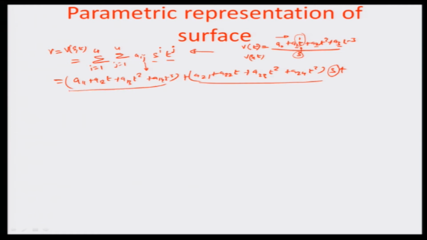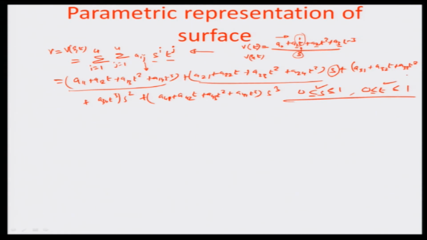Similarly, s to the power of 0 I put here, and similarly I do for s to the power 2 and 3. So I have a31 plus a32 t plus a33 t square plus a34 t cube times s square, plus a41 plus a42 t plus a43 t square plus a44 t cube times s cube, where s varies between 0 and 1 and t varies between 0 and 1 again. So there is a local variation in both variables s as well as t. This is how the cubic polynomial is constructed in this case.